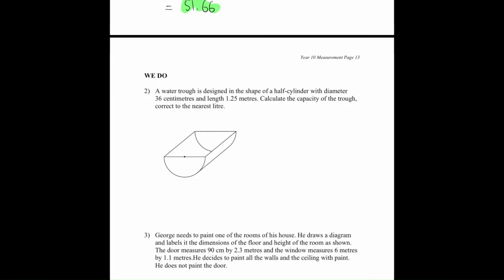But we've got another volume question now. This is a cylinder. So we're going to use the cylinder formula, but we need to modify it slightly. Let's take a step back and remember that the volume of a cylinder comes from V equals AH. This is just the area of a circle.